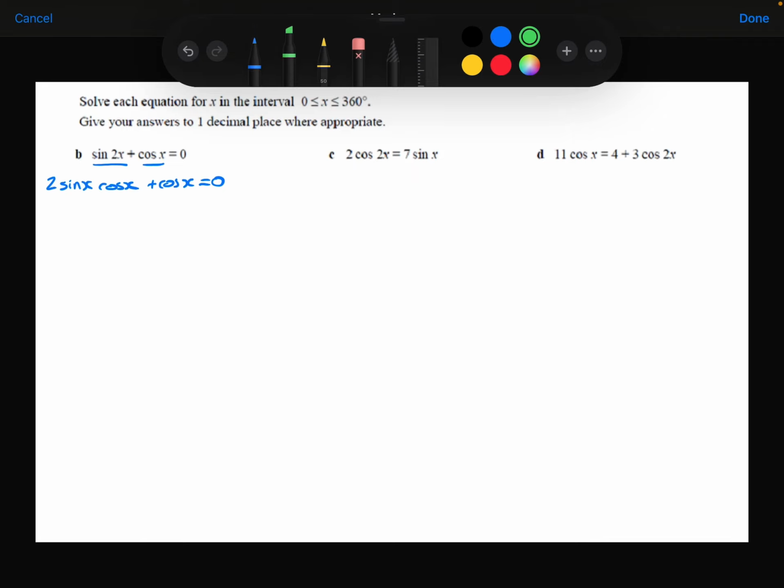Next, I noticed that I could factorise cos x outside. So factorising the cos x, I get left with the 2 sine x plus 1.